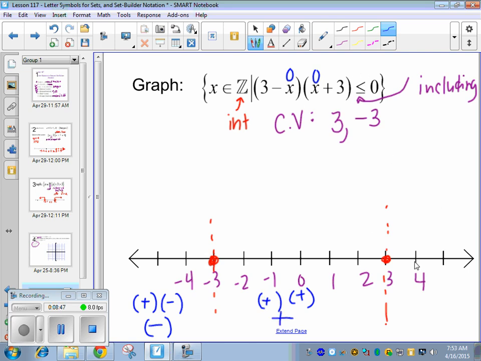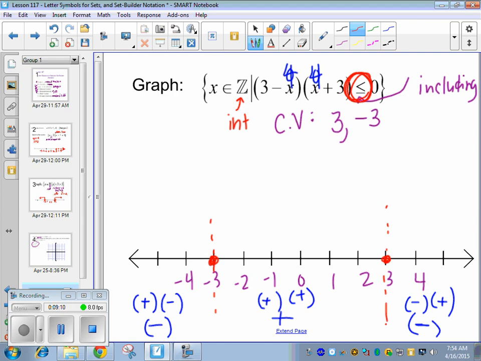All right, over here we're going to plug in 4 for x. So 3 minus 4, positive or negative? Negative. And 4 plus 3, positive or negative? Okay, a negative times a positive is a negative. Now, you got to check and see, what is this asking for? It is asking for values that are less than or equal to 0.